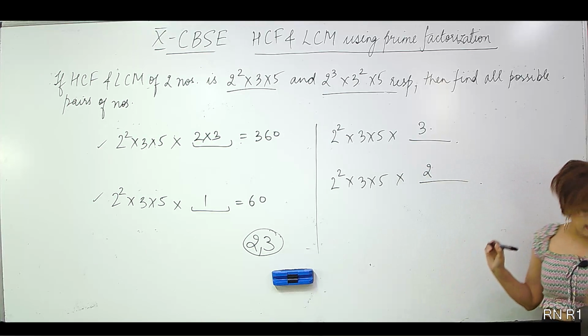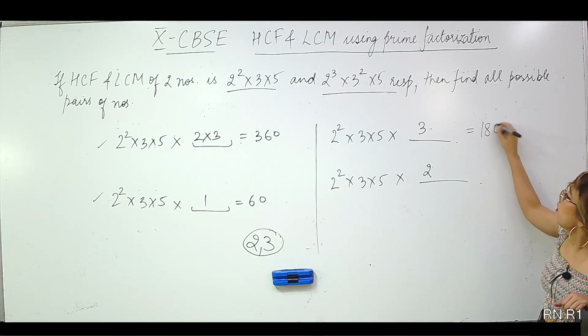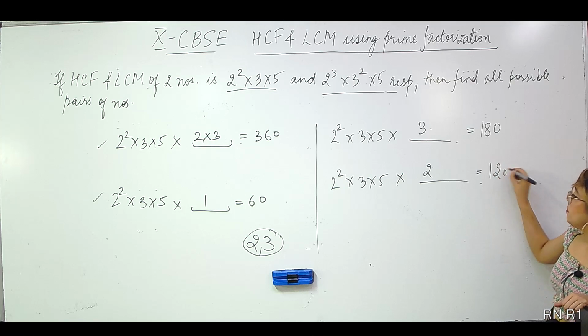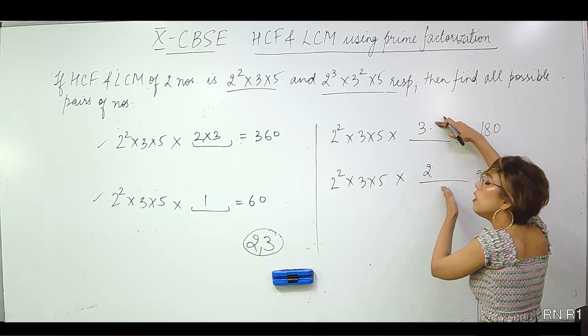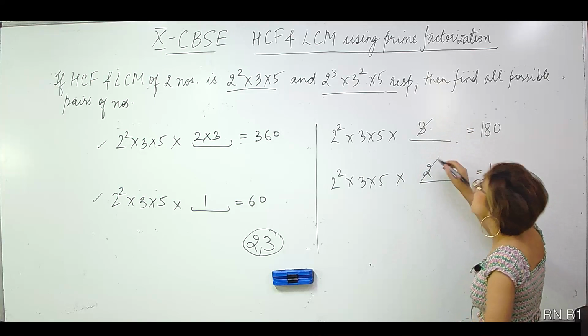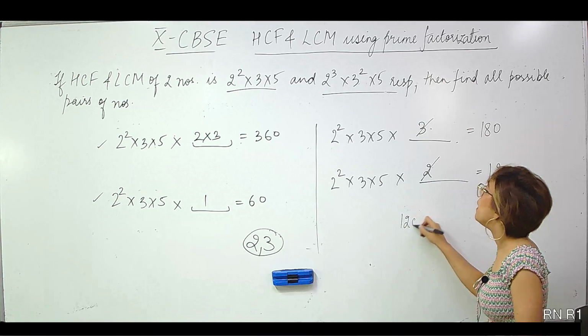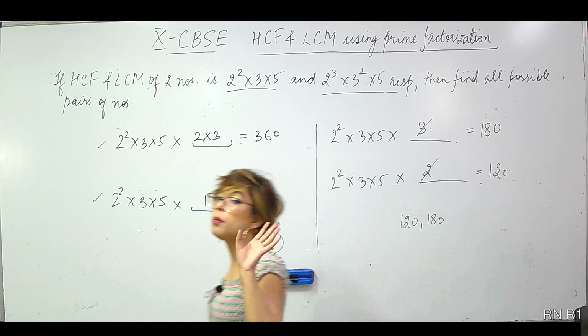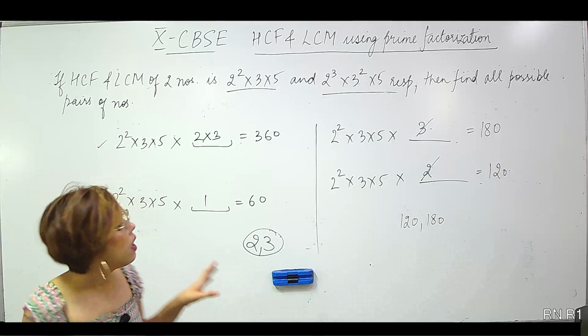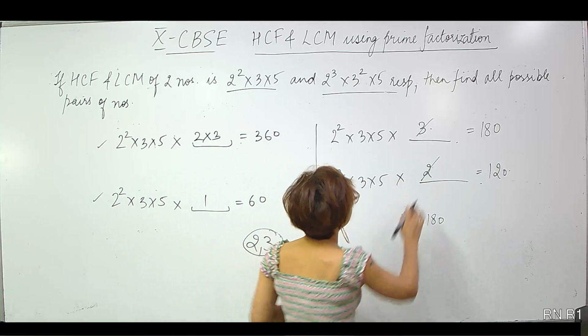In this case, you will get the numbers as 180 and 120. Now you might say, ma'am, you could have put 2 over there and 3 over there. If you're just interchanging, you will realize you have just written 120 and 180. Just interchange the numbers, and I'm just talking about the pairs. Then that case I've already written.